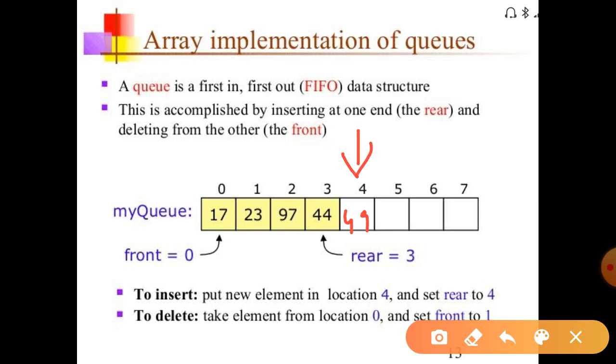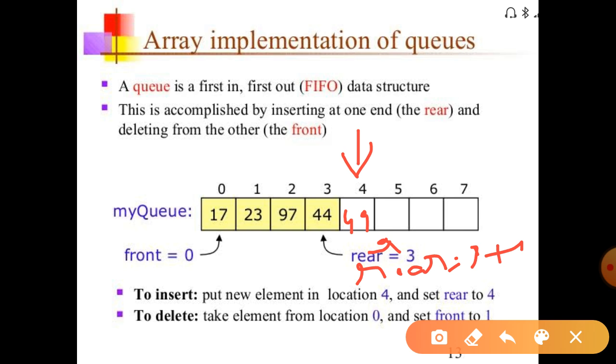At that time we have to increment rear. Rear equals rear plus 1 means the rear has to point to the next location, where we insert the element. The rear points to the last element.